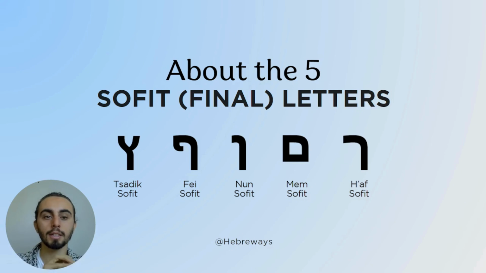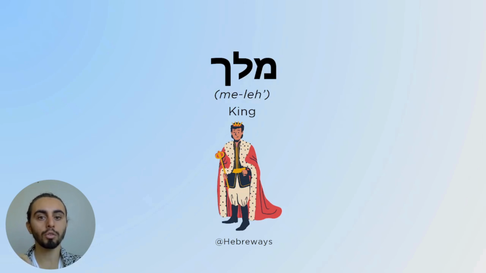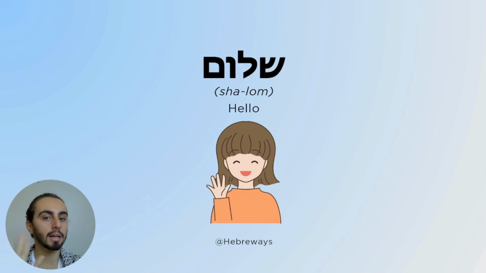So we see the Sofit final letters. There are only 5. Let's see each one in order. So these are the 5, but let's take a look. So Chaf Sofit, remember we had Chaf, was like Melech. Mem Sofit is like saying Shalom.